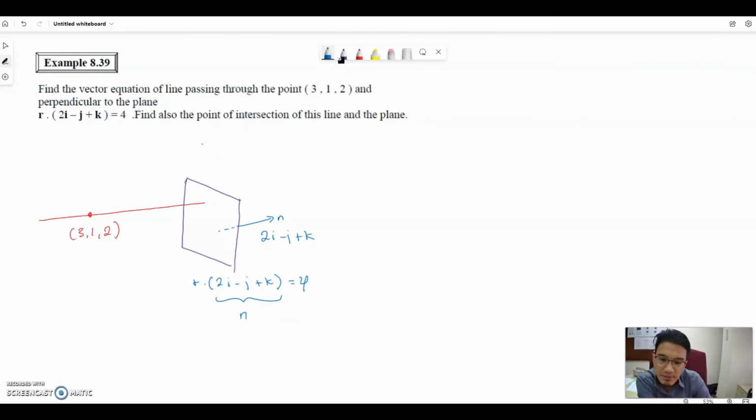At the same time, this vector n must also be parallel to the line that is going through the point (3, 1, 2).